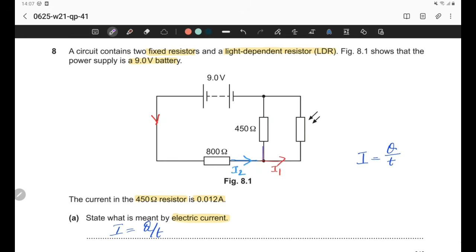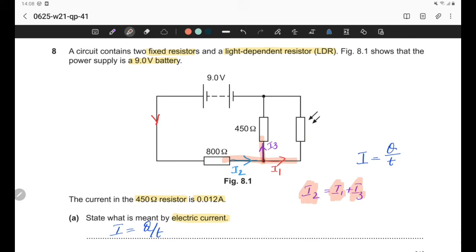450, let it be I3. So we can identify here that I2 must be the sum of I1 and I3, because the current reaching through the I2, when it reaches at this junction, it splits into I1 and I3. So we can write down I2, the current passing through 800 ohm must be splitting and passing through I1 and I3.